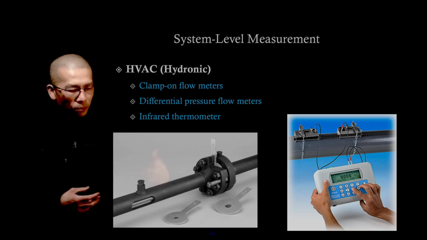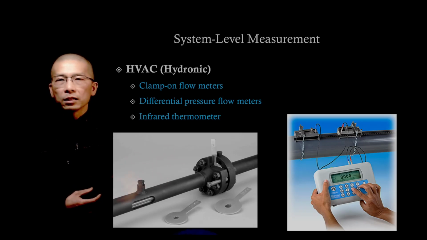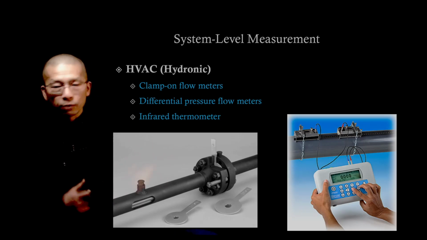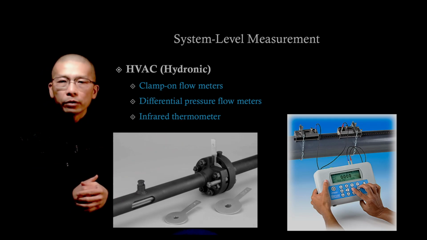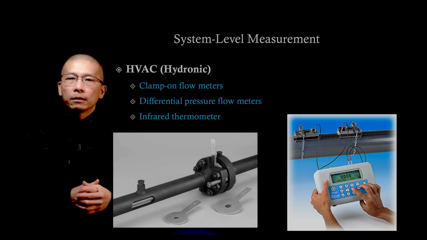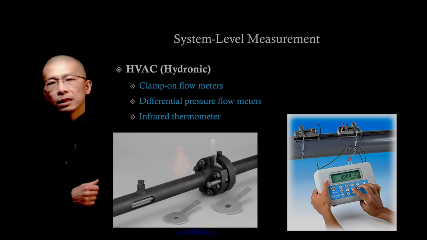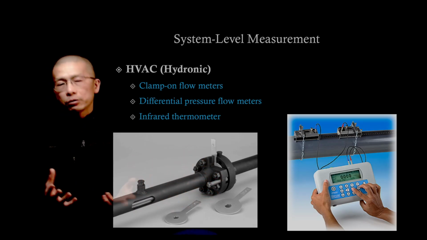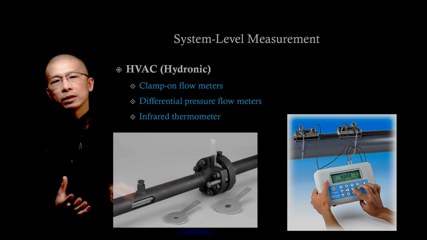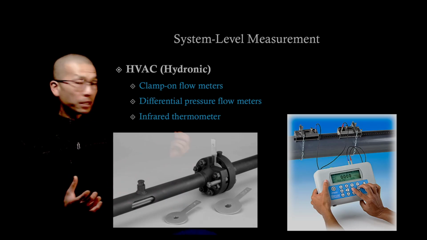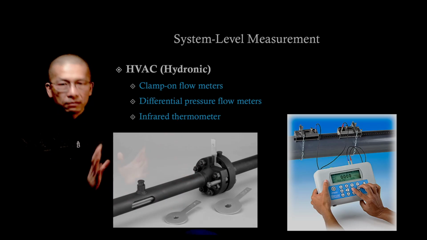What's that, Q dot equals V dot rho Cp delta T, right? So that delta T is very important. And so using these flow meters and infrared thermometers, the auditor can calculate the actual heating or cooling load the system is currently handling.